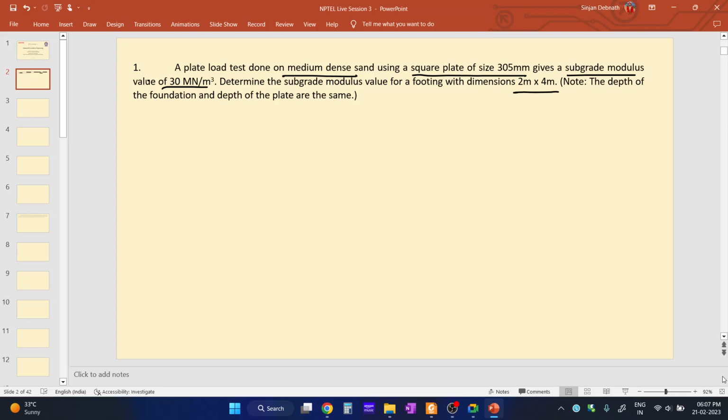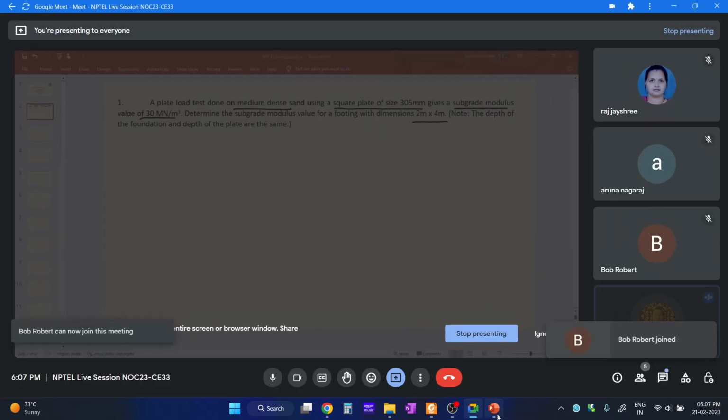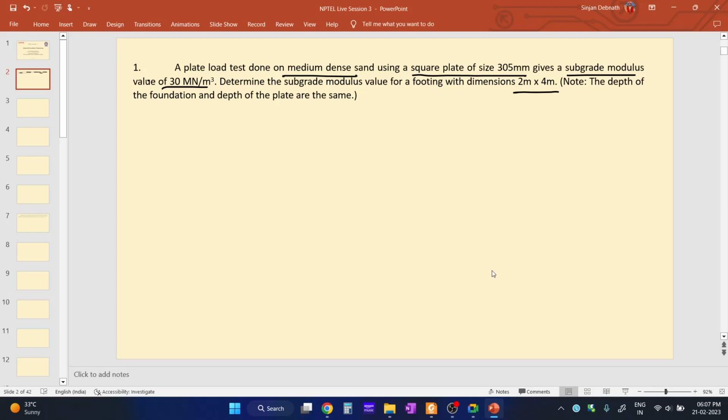We do the plate load test to find out the bearing capacity and the subgrade modulus for the soil. What he did is that he did all the tests using a square plate of size 305 millimeter, and developed some empirical equations to incorporate the effects of larger plates.